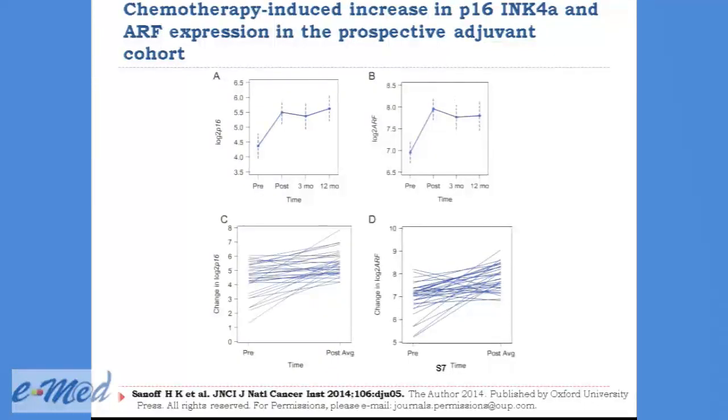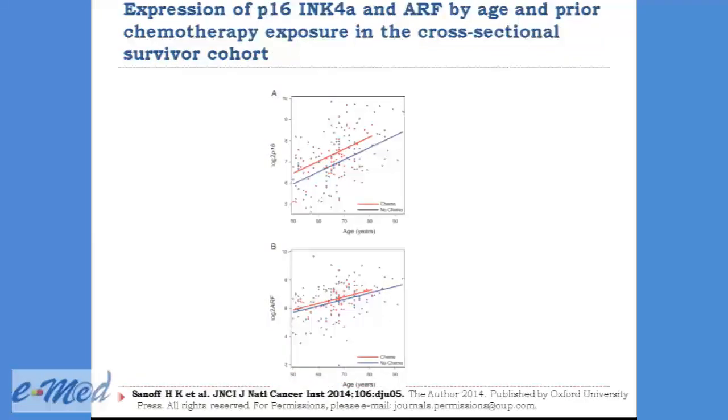We can see that in patients treated with chemotherapy there is a significant elevation of these proteins, showing the senescence process is going on. If we compare the normal population to people who were treated with chemotherapy, you can see that the senescence markers are much, much higher in patients treated with chemotherapy.